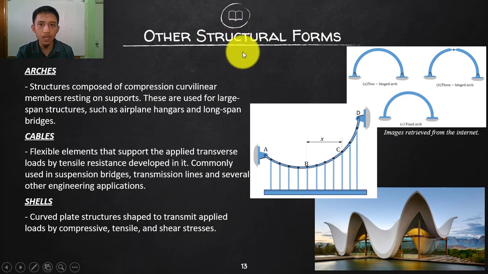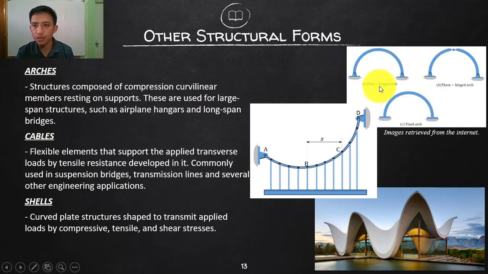But we have here other types of structural forms. One there is arches, structures composed of compression curvilinear members resting on supports. These are used for large span structures such as airplane hangars and long span bridges. So that is an example of arches.